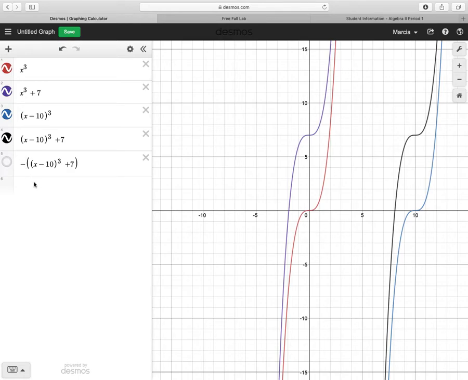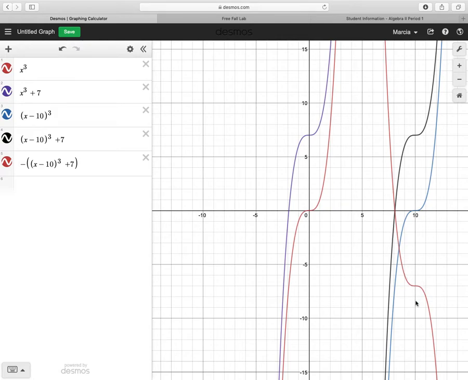And if you recall from the notes that you took in class, when you have the negative sign in front of that function operation, it reflects that function around the x-axis. So if we do that, sure enough, that's exactly what happened. It took this black line, which is this function right here, and it reflected it about the x-axis.